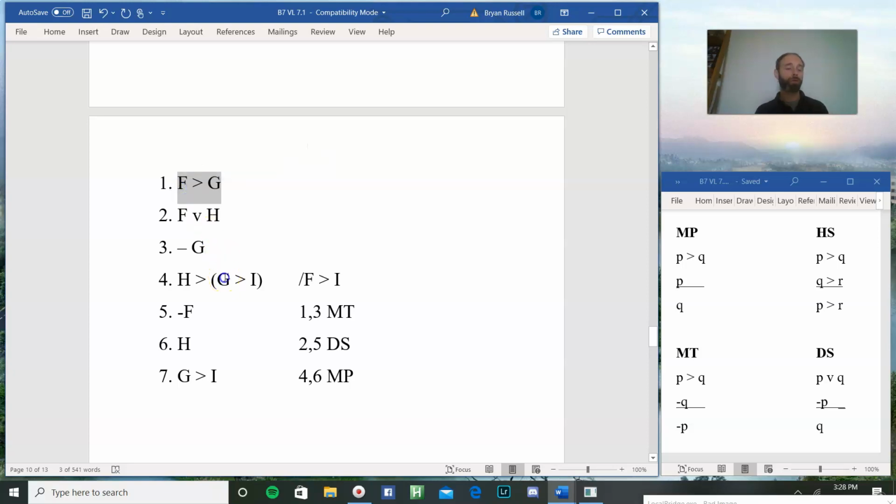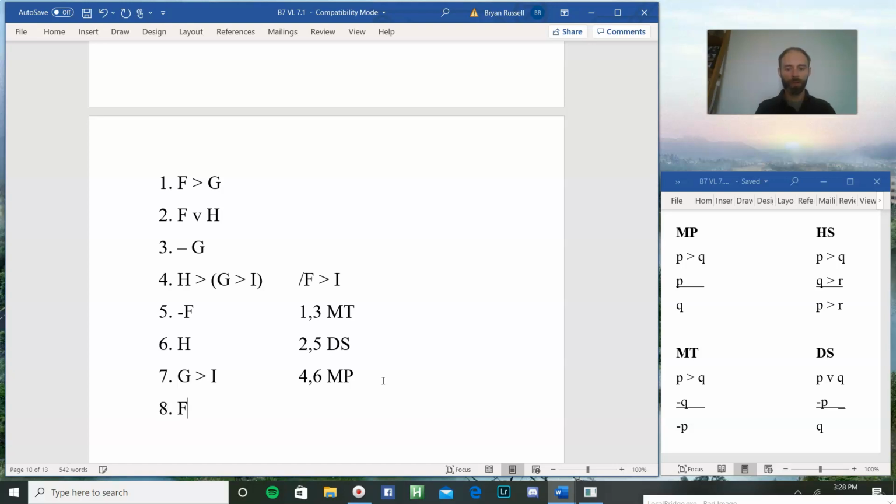Now, the other way you could do the problem is just try to think, what does this go with? The only line that this works with that we have is F horseshoe G. Nothing else will work with line 7 to give us anything. So we have F horseshoe G on line 1, G horseshoe I on line 7, so we can cancel out the G as the consequent there, the G as the antecedent here, and be left with F horseshoe I. So there we have 1 and 7.